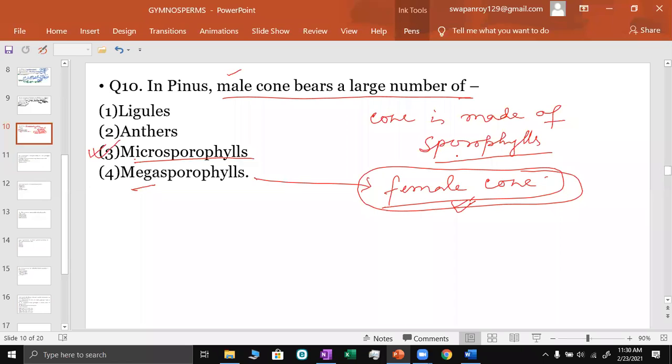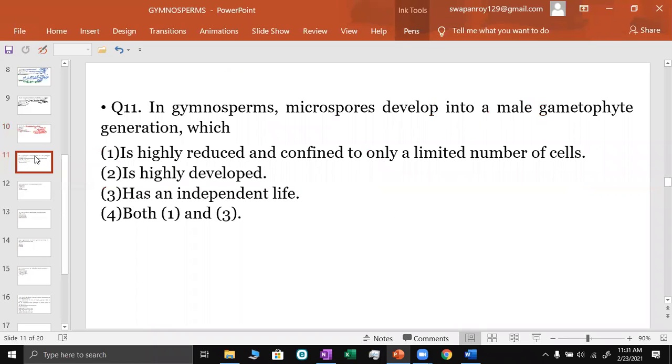The pollen grains are yellowish in color and have wings. With those wings they float in air and are transferred to long distant areas also.